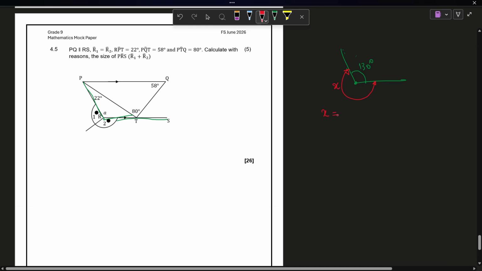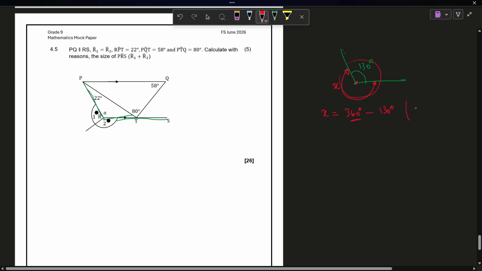So x will be 360 degree minus 130 degree, because we know that the total angles around a point is always 360 degree.